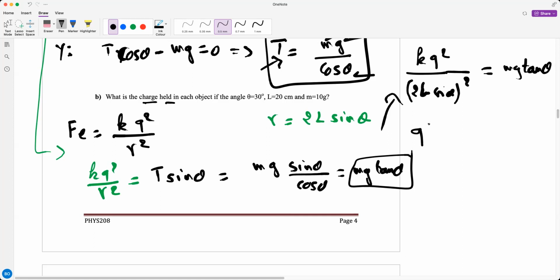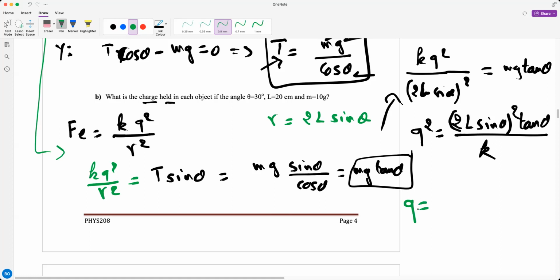This means that Q squared is equal to 2L sine theta squared tangent theta divided by K. So this means that the charge in each object, if I go to the square root, is equal to 2L sine theta and then the square root of tangent theta divided by K. Okay. Any question?